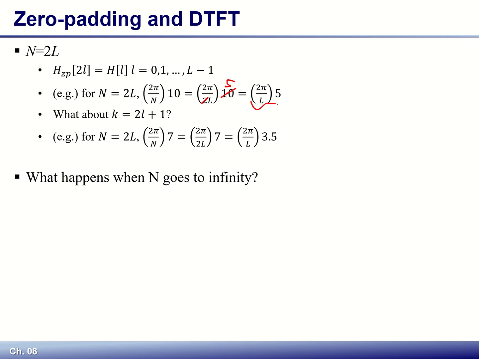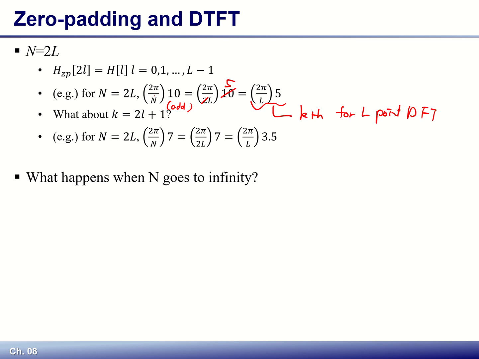So it means the kth samples of the L-point DFT. In the case of an even number, it will be the same as the L-point DFT. What about k is 2 times something plus 1, an odd number?